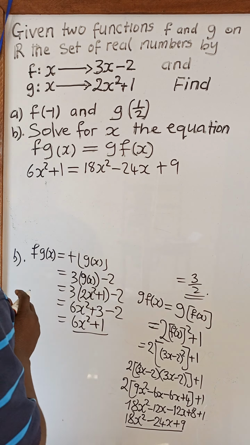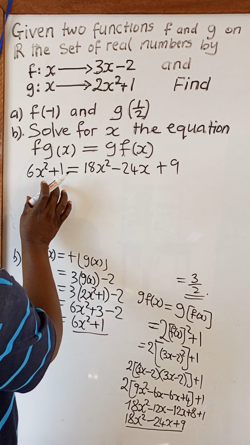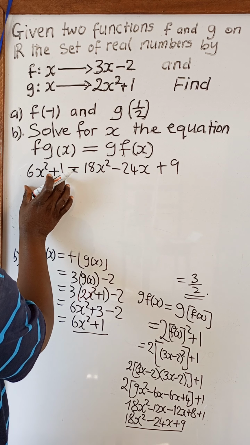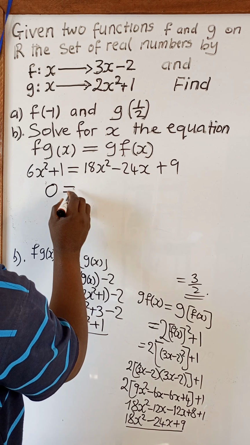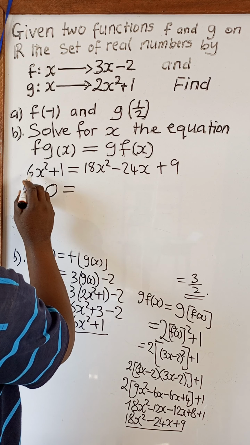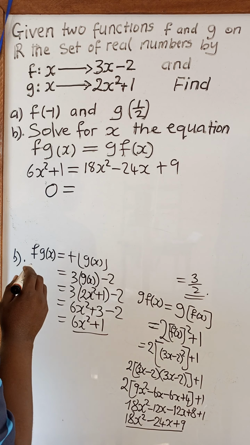Okay, so let's arrange it in such a way that we'll have 0 on the left hand side. That means we're going to take everything that's on the left hand side to the right hand side. So I just put 0 here. I take this 6x squared. This is positive 6x squared. Taking it to the right hand side, it will become negative 6x squared.